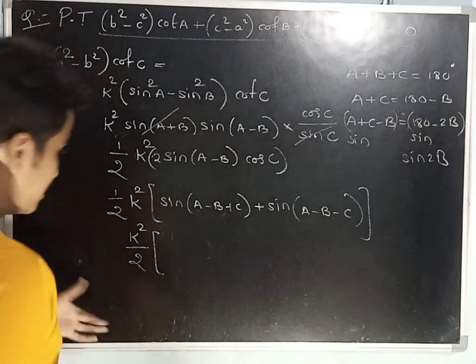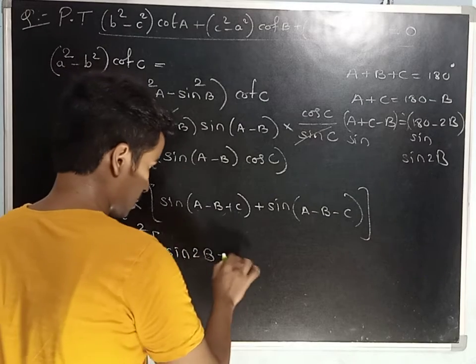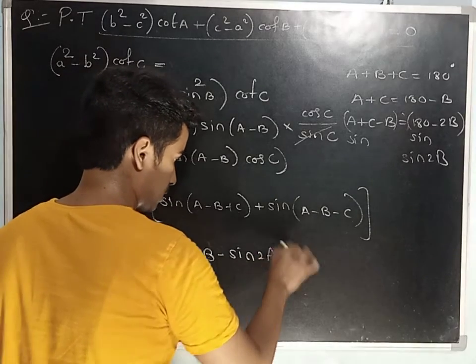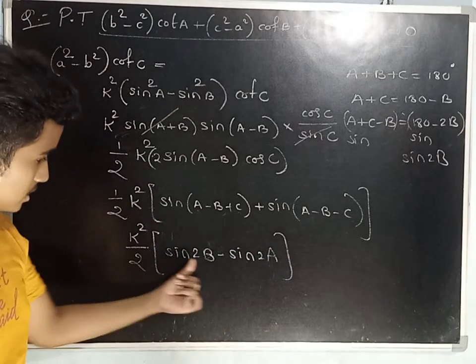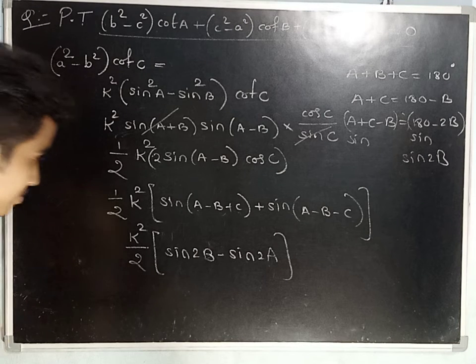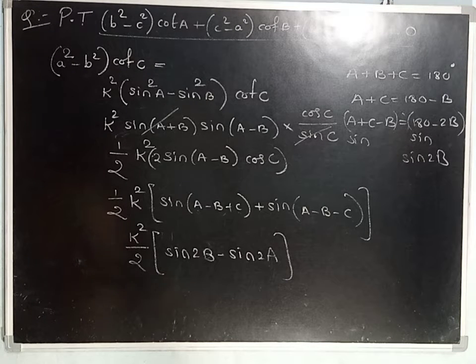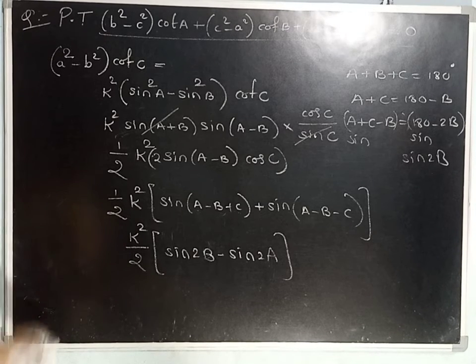Right? Sine 2b minus sine 2a. Here the space is not enough.